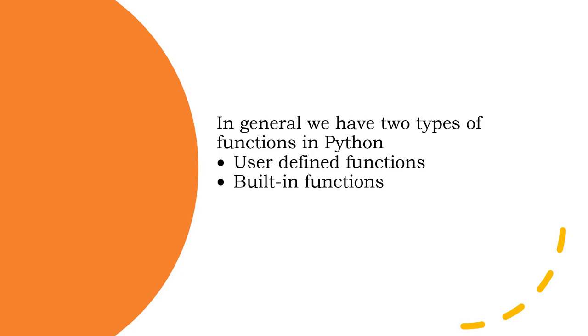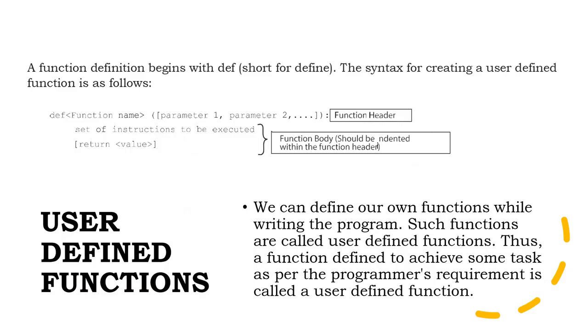You will provide a name to that function, arguments and parameters to those functions, and the complete code or definition of that function also. But in built-in functions, the code for those functions has already been written, and you will use those functions directly. You don't need to write the implementation part of those functions. Simply you can call those functions and use them.